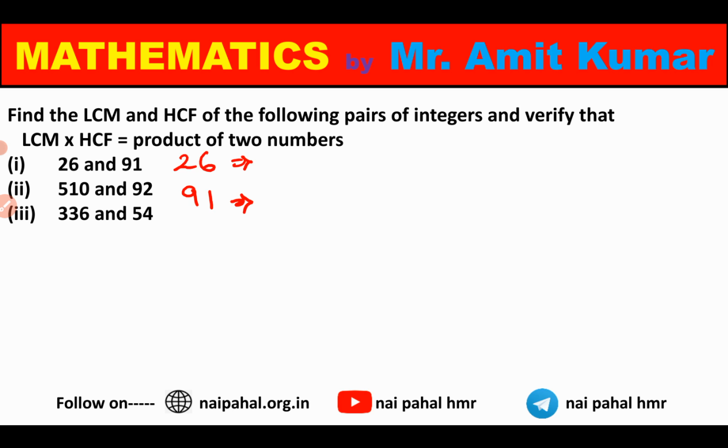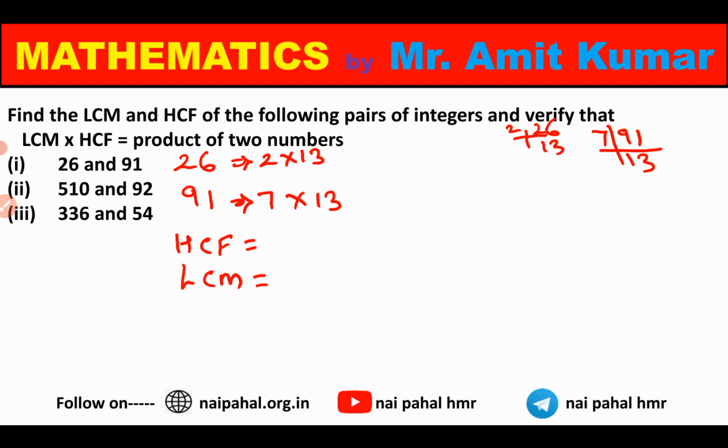So this is 26 divided by 2 gives 13, 2 multiplied by 13. This is 91 divided by 13 gives 7, 7 multiplied by 13.